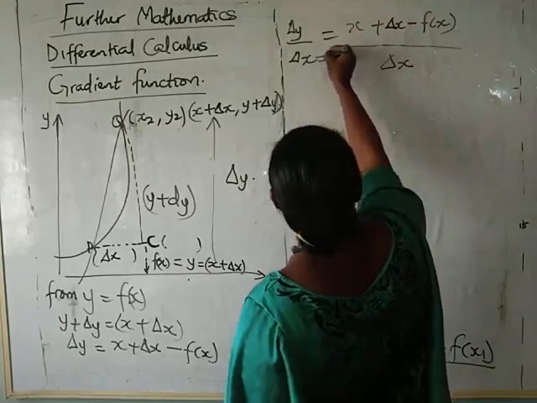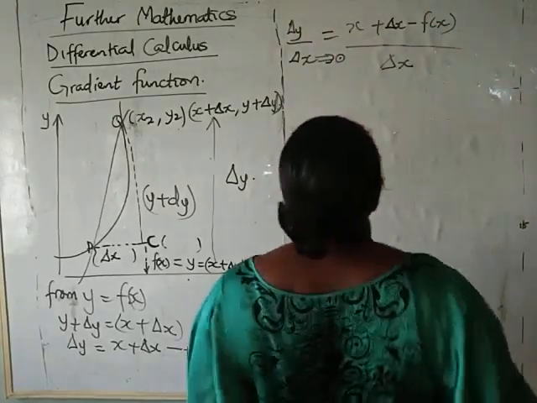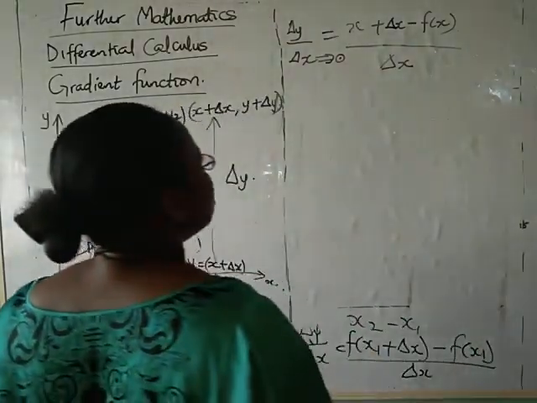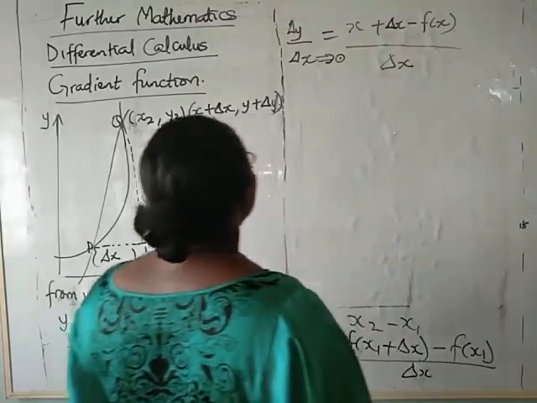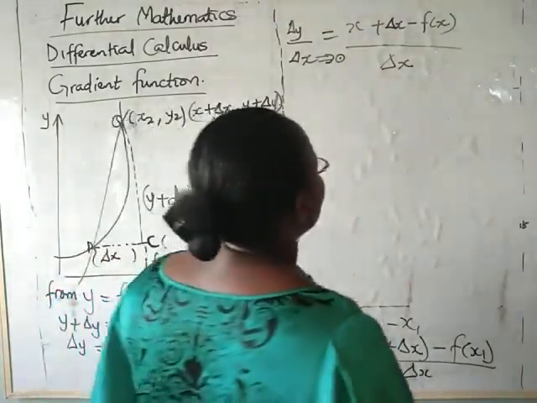But remember, delta x tends to 0. So this very point is what we call the limiting value, which is the derivative of the function.